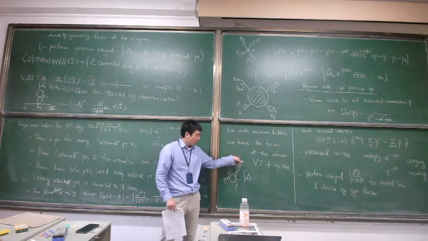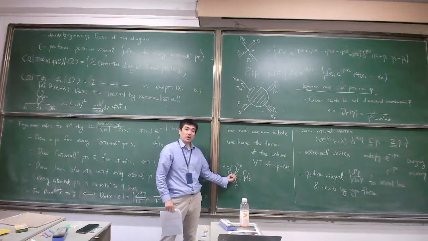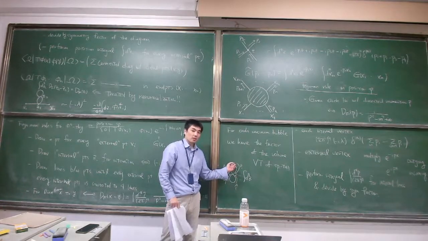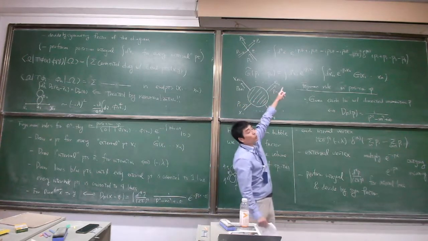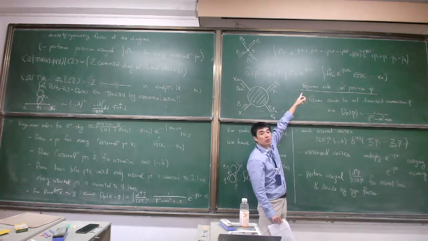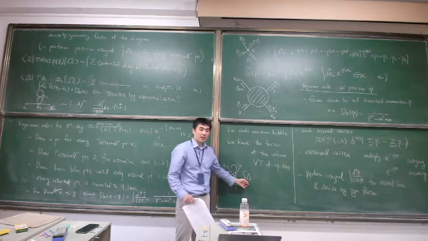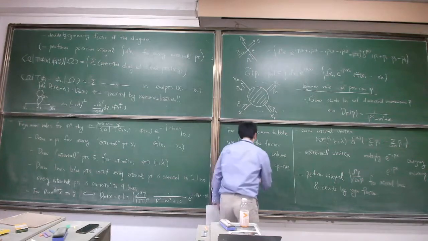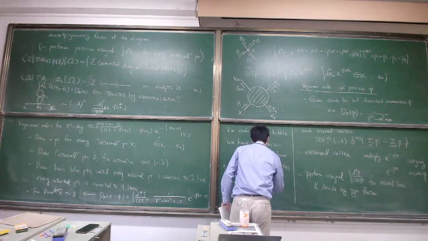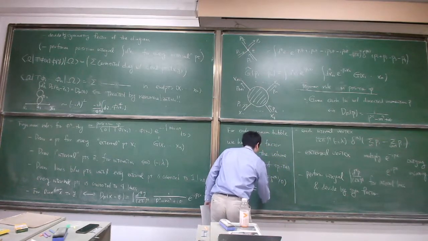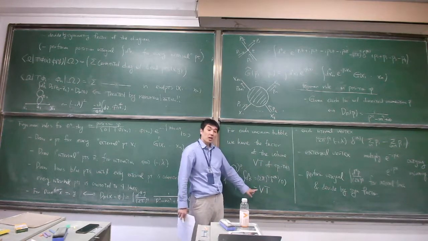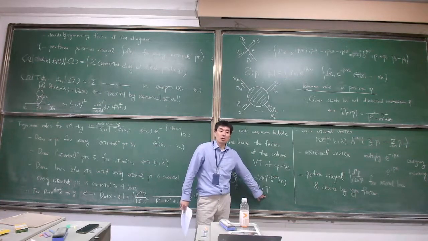The incoming p1 and outgoing p1 cancel, and the p2 and p2 cancel. Therefore the exponential is just 1, and you have just the integral of the spacetime volume. This gives you (2π)^4 delta^4(0), which is essentially infinity, but it can be understood as the volume times the time of spacetime.